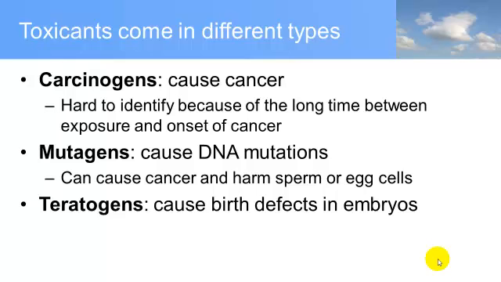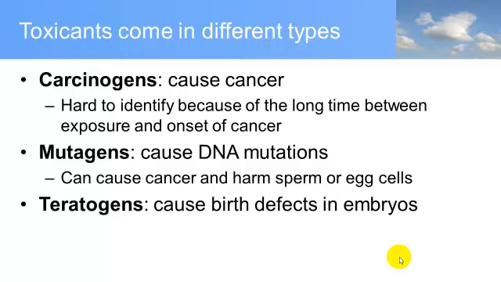And oftentimes it's really hard to identify the link between a chemical and the onset of cancer, because it can take several years or even decades for cancer to show up in the body and be detectable. So it might be hard to trace back and say, oh, yeah, I got sprayed with pesticides 15 years ago, and that's why I got cancer today. Establishing that link with any certainty can be very, very difficult.